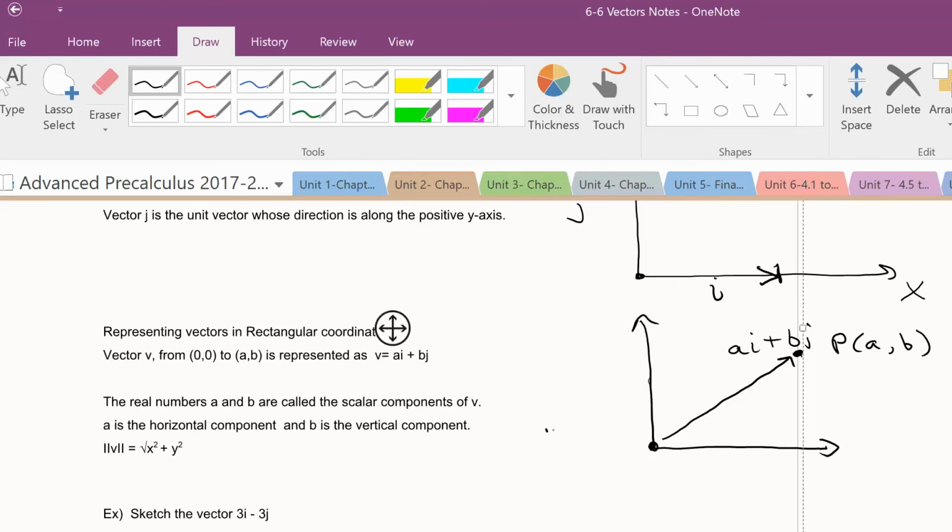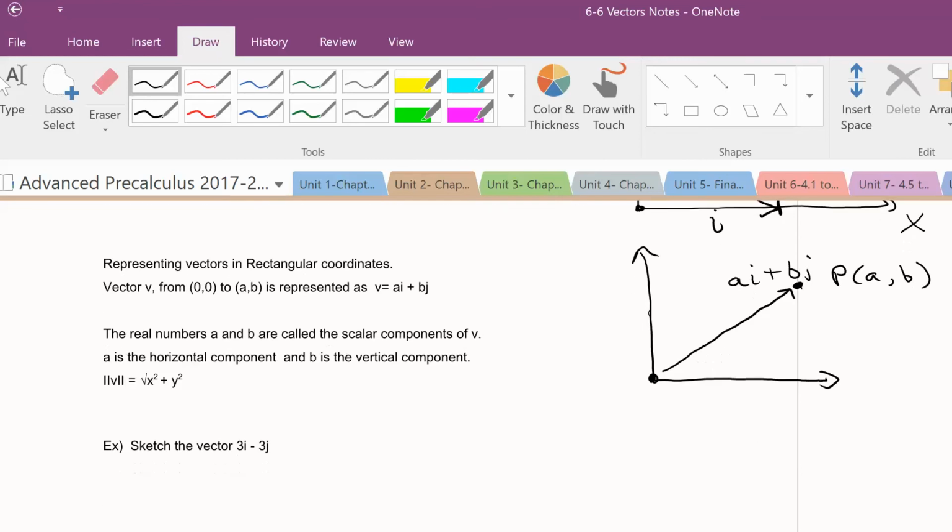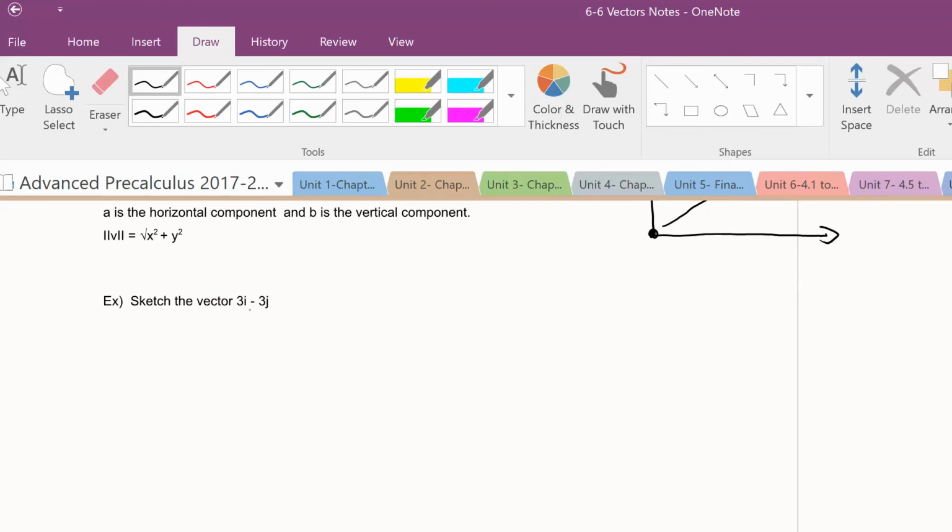So for example, if I give you 3i minus 3j, and I say to sketch that vector, well, remember i is the horizontal, so that means you go 1, 2, 3 this way, and j is the vertical, but it's negative, so you go down 3. So that means it's going to go to the point 3, -3, and there's your vector.